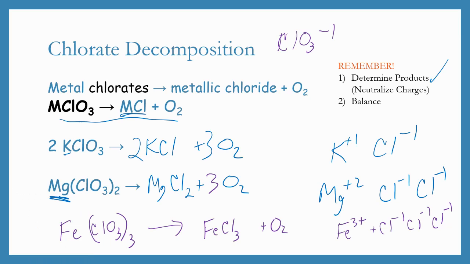So 9 oxygens, and since they're going in pairs, that's not going to be possible. So it's 9 halves, and then we multiply everything by 2. So it'll be 2 of these, 2 of those, and 9 of those. Thanks, science. All right. That's all I got to say.